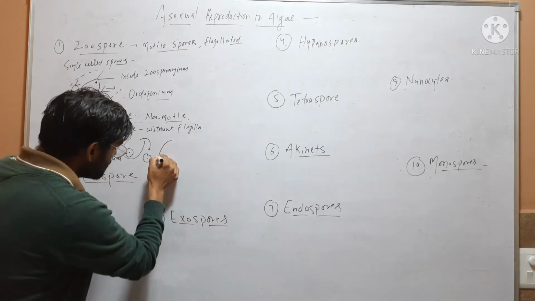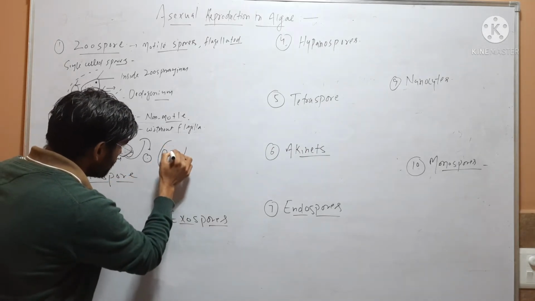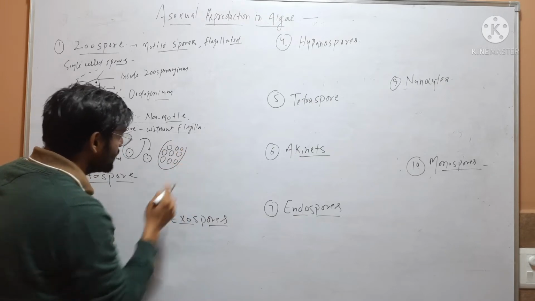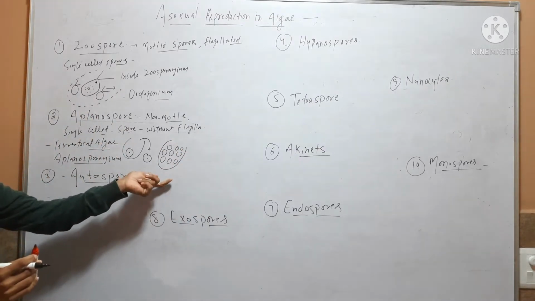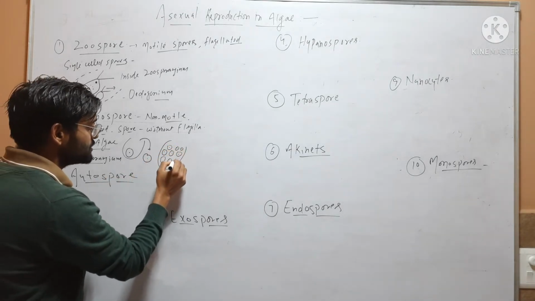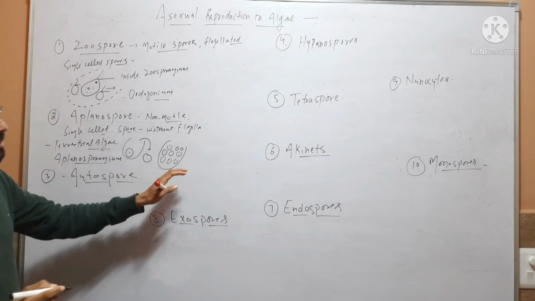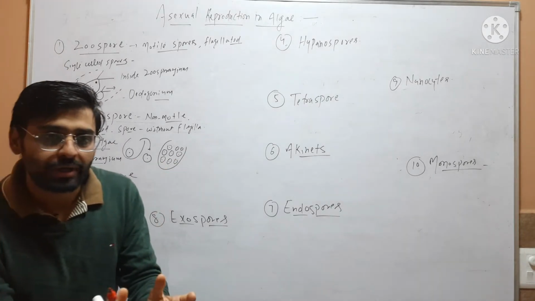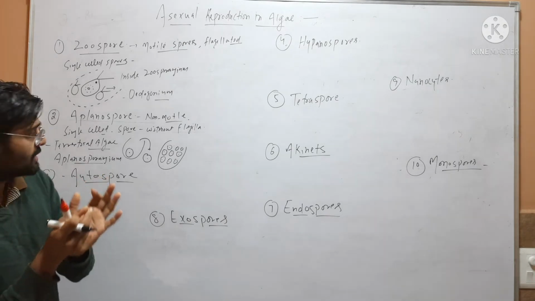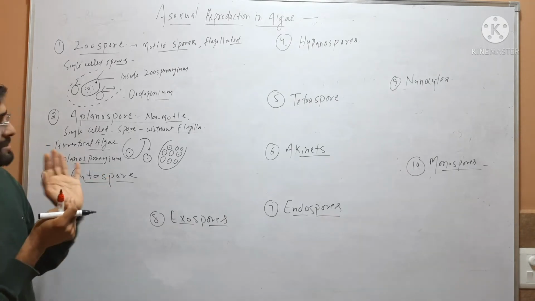Or there may be multiple aplanospores inside a single aplanosporangium. So there may be single or multiple. So what are aplanospores? Aplanospores are non-motile single-celled spores that are produced inside terrestrial algae.